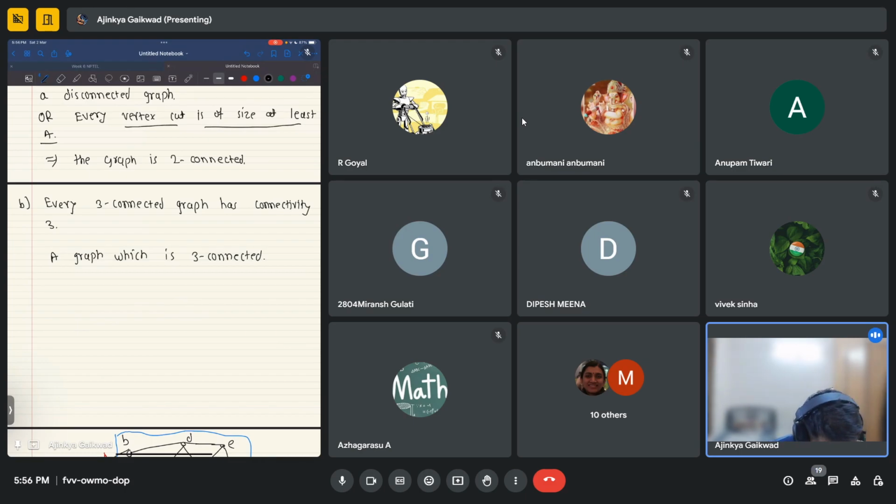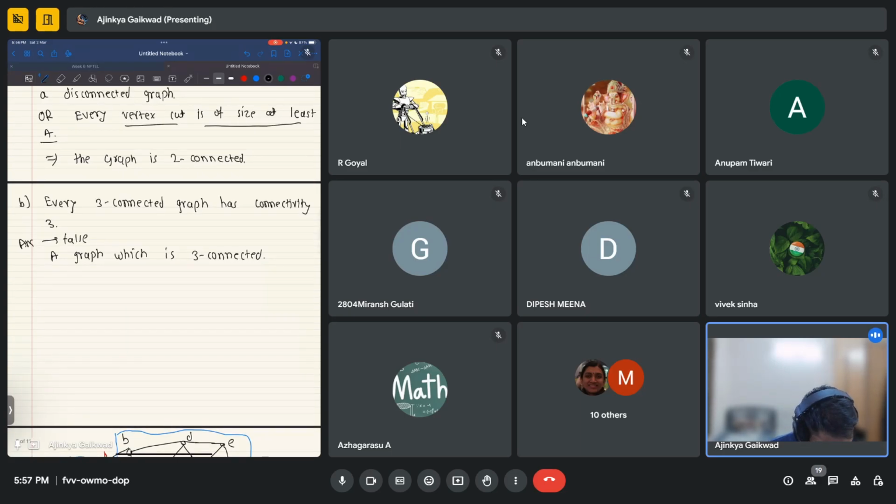Okay, let me give you an example. So the answer is false. Let's construct an example where the graph is three connected, but the connectivity is not three. Either it will be more, but let's see. I need to make sure that if I remove two vertices, the graph will remain connected. So something like this.